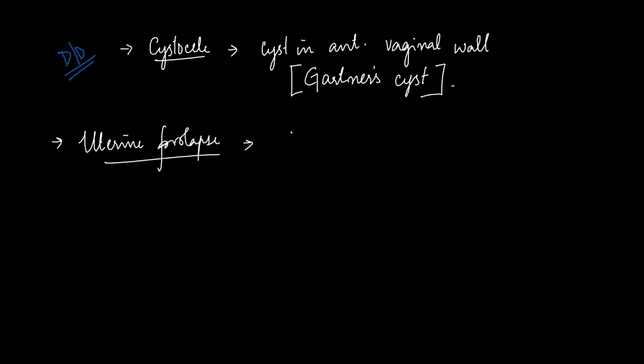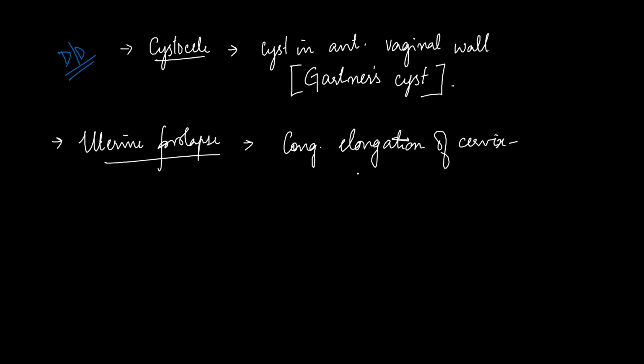For the uterine prolapse, there are basically three things with which it can get confused, or which form its differential diagnosis. The first one is congenital elongation of the cervix.